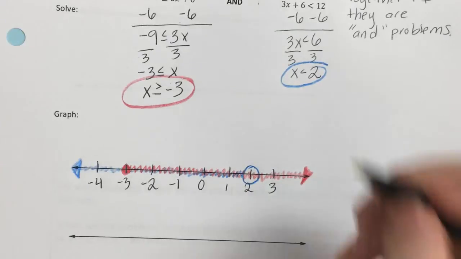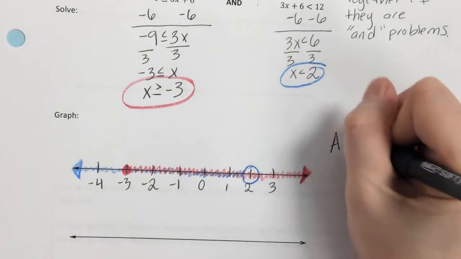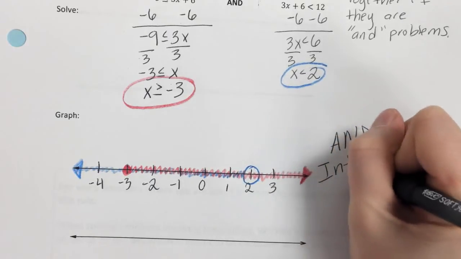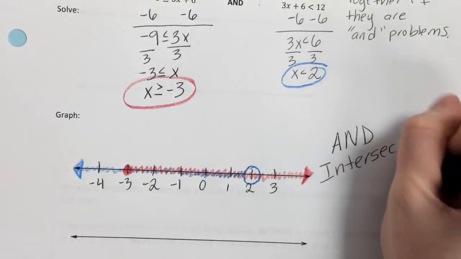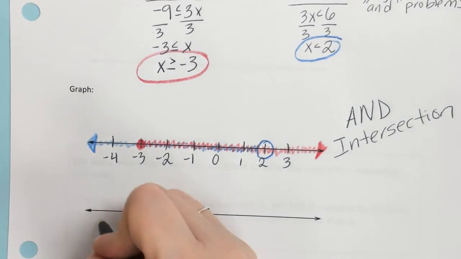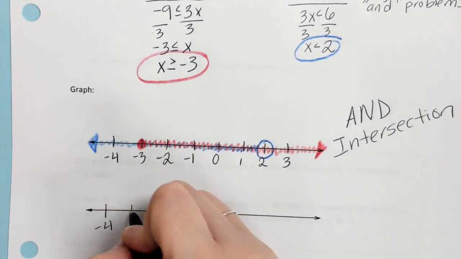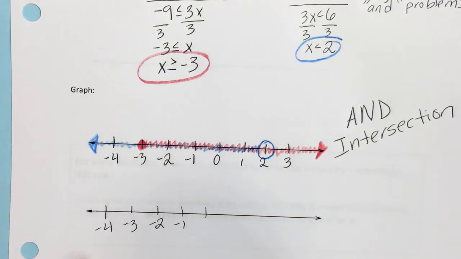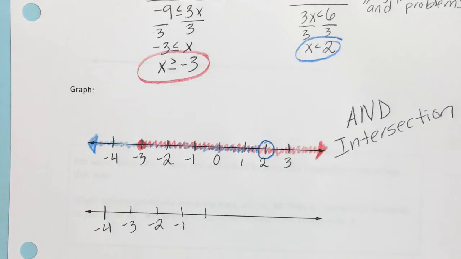So I'm going to write a little note over here just to remind us this is an AND problem. That means my answer is the intersection. So what am I going to graph for my final answer? Where do these two lines intersect? It's going to be everything in between -3 and 2.